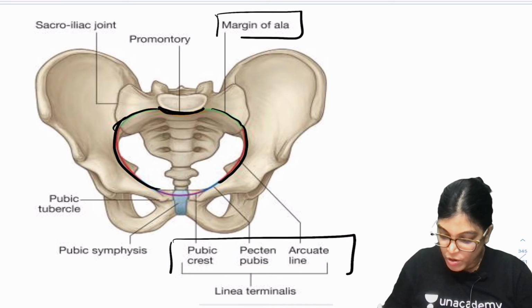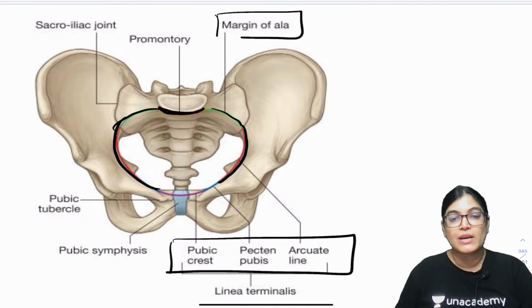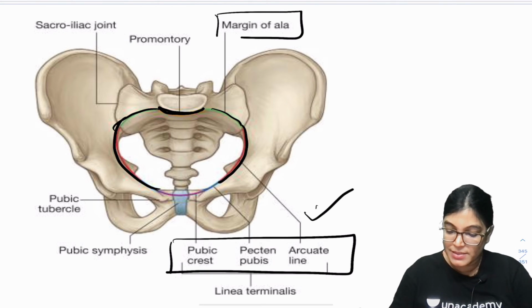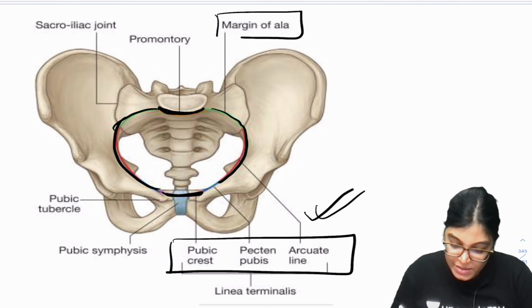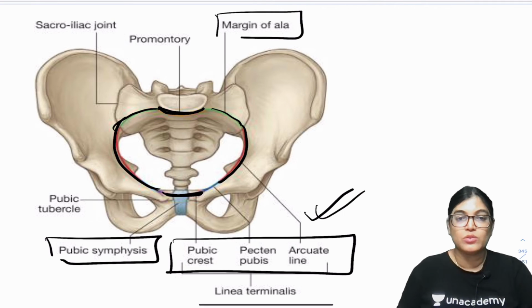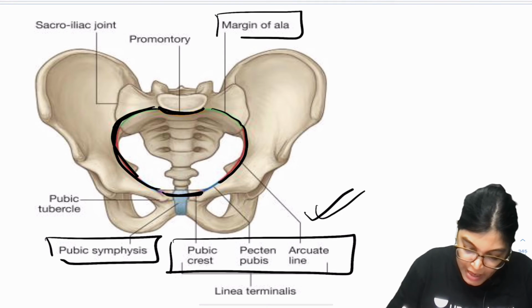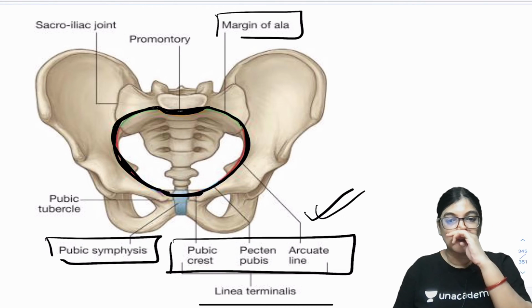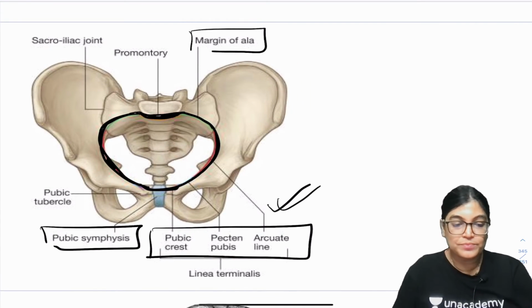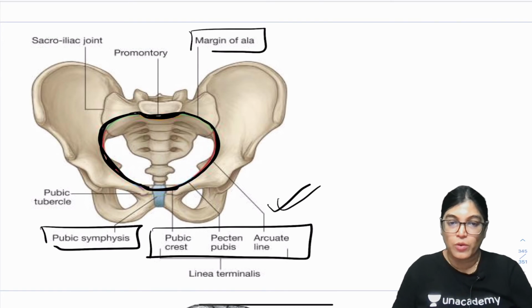Together these three important points, arcuate line, pecten pubis and pubic crest, are called linea terminalis. And anteriorly is the superior aspect of the pubic symphysis. So this whole marking shows you the margins of the pelvic brim. This corresponded to the option, so we have chosen pelvic inlet or the sagittal inlet as the correct option.